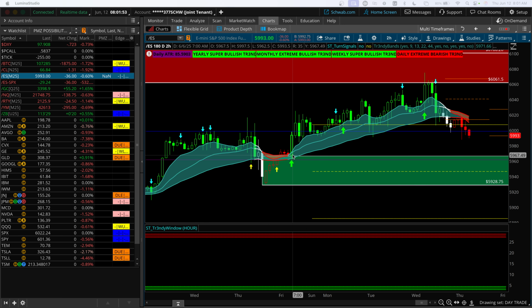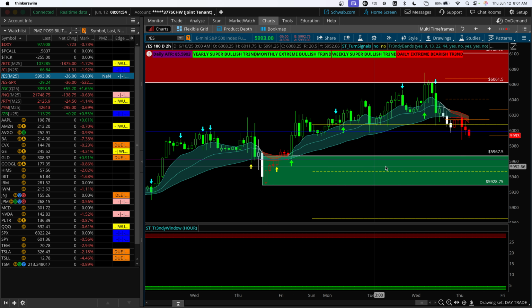So, the first question I ask myself and I look at on my charts is where is the buy zone on ES? How many more points would I be looking for price to fall before ES hits a level that I would be interested in buying that dip?